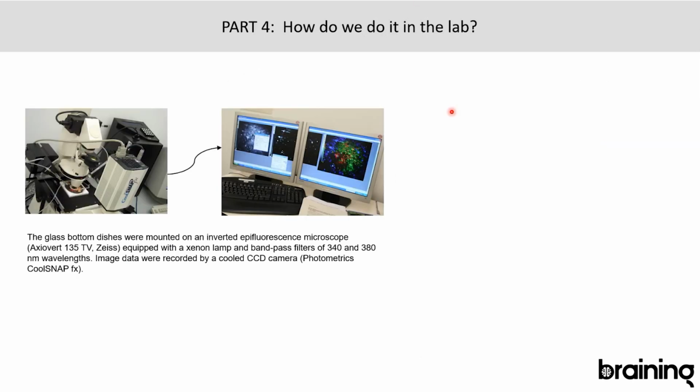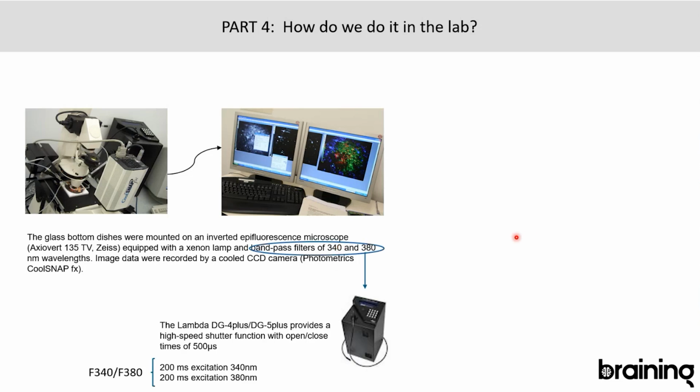Okay, so here is the system. After the incubation of the cells, the glass bottom dishes are mounted in our inverted epifluorescence microscope that is equipped with a xenon lamp and a bandpass filter of 340 and 380, which is the Lambda DG4.